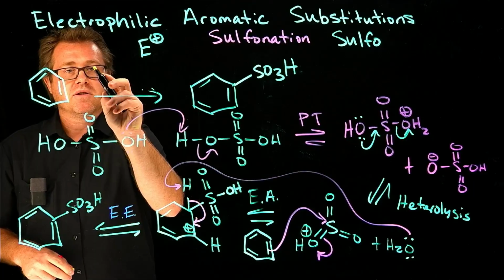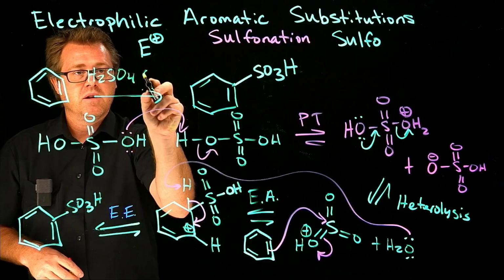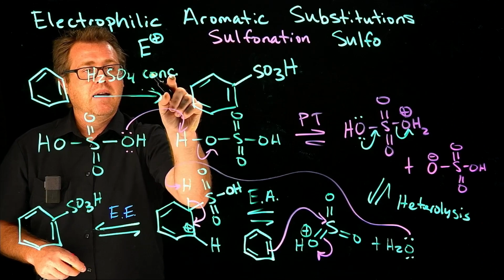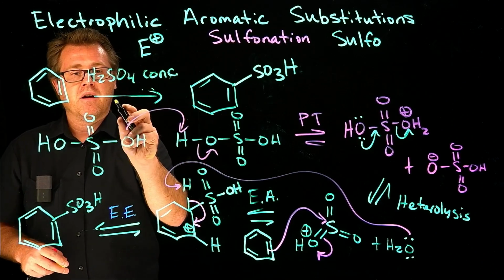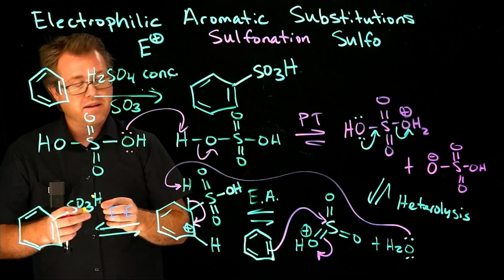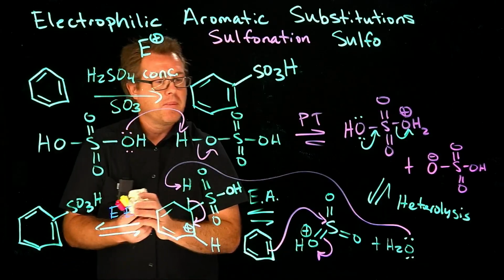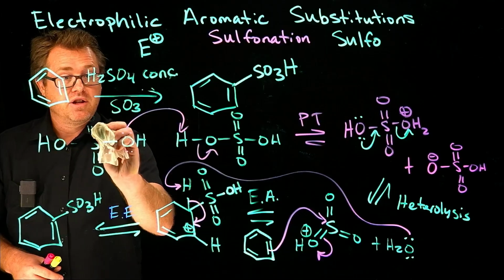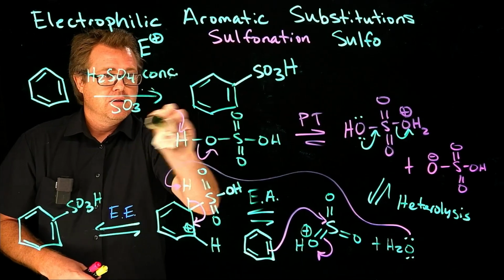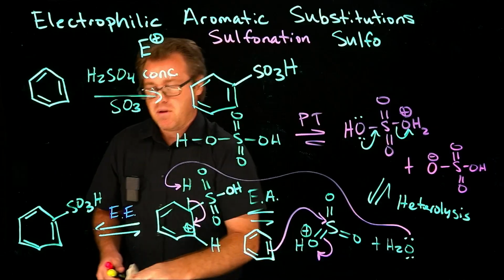So we want our sulfuric acid, H2SO4, concentrated, and then we would add in our sulfur trioxide, like that. That will also get us to the correct answer. It will just get us there faster.